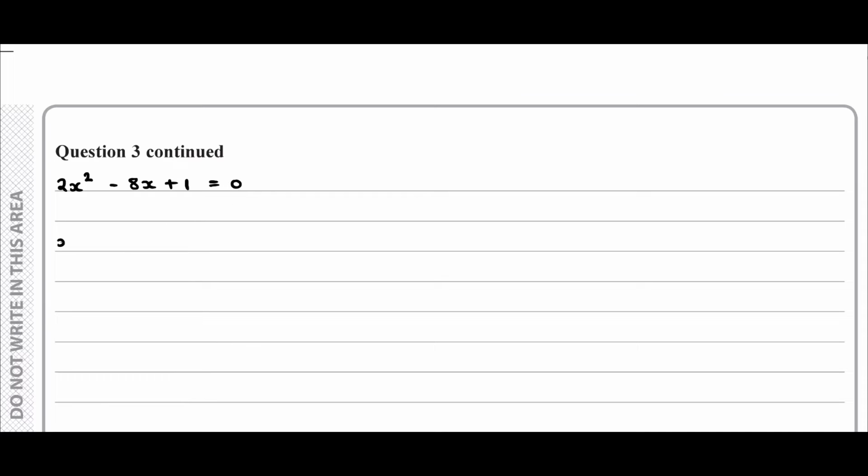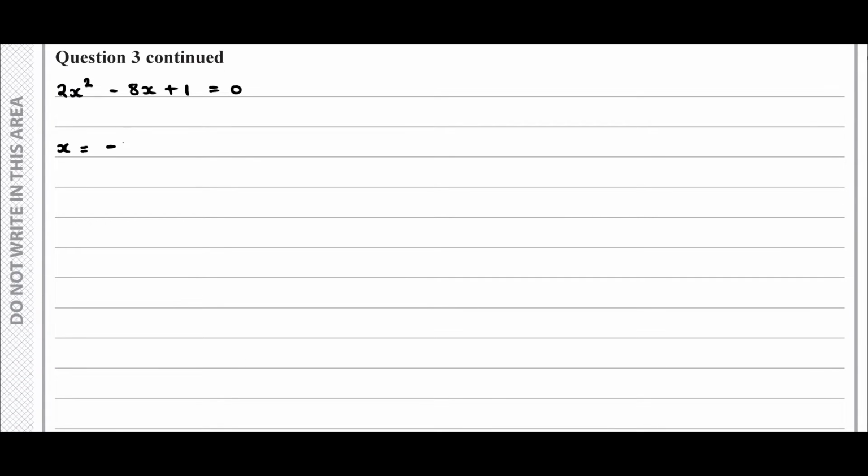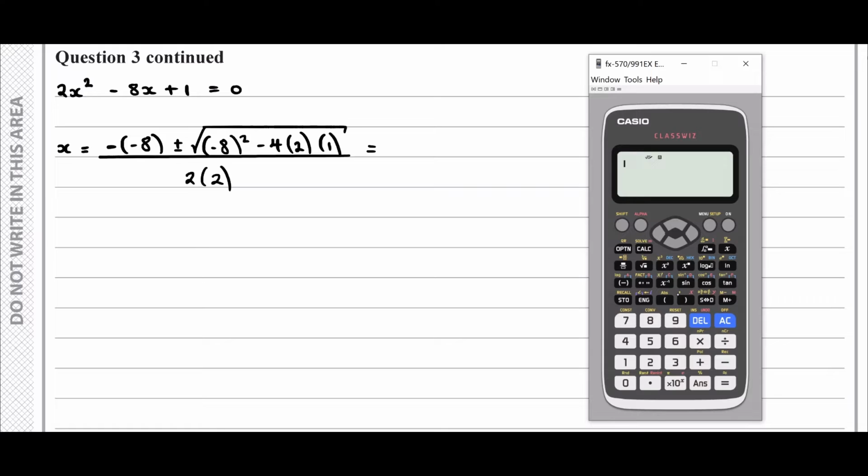And then we can use the quadratic formula to solve this equation. x equals minus b plus or minus the square root of b squared minus 4ac, all over 2a. Okay, and if we work this out, let's just grab our calculator. If we go to menu, equation, we have a polynomial of degree 2 with coefficients 2, minus 8 and 1.